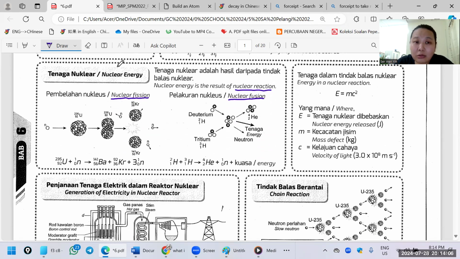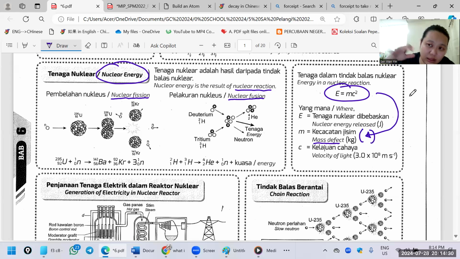Another one is how to calculate nuclear energy by using this formula. Actually, it's not hard. The harder part is you must understand what mass defect is, and it's not given in kg, so you need to change to kg first. Then you substitute, done. Happy ending.